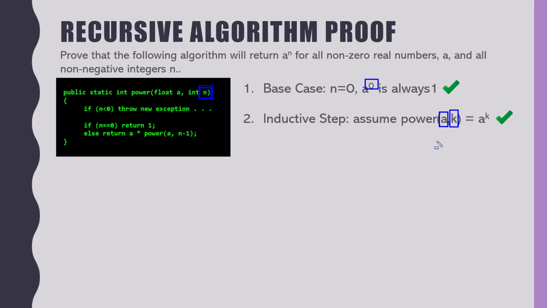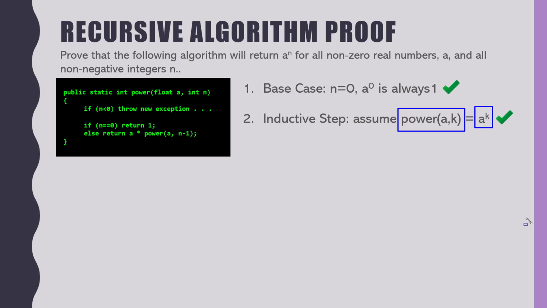We assume it will work with k because that's the rule of the inductive proof, all right? So if this is true, would you agree that that is true? Or is there anybody who doesn't understand that piece of it? Like, why are we assuming it's true? Why does the left thing mean the right thing is true? Is there any part of that that's unclear?